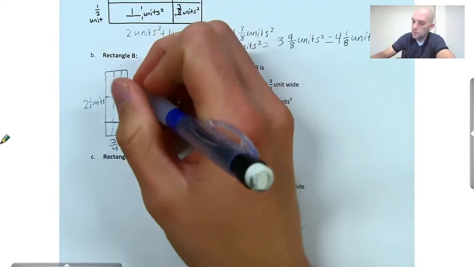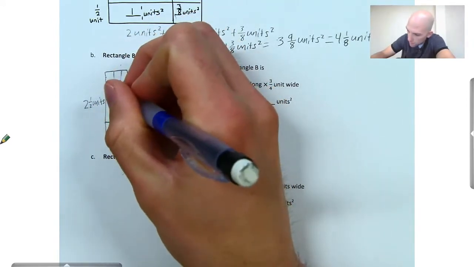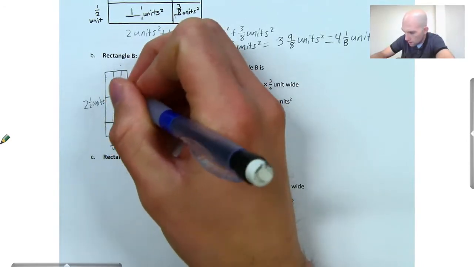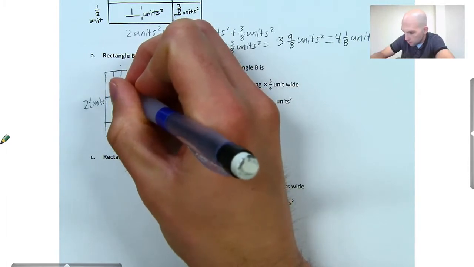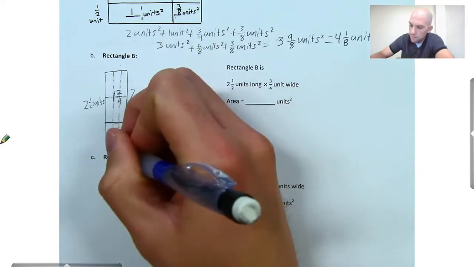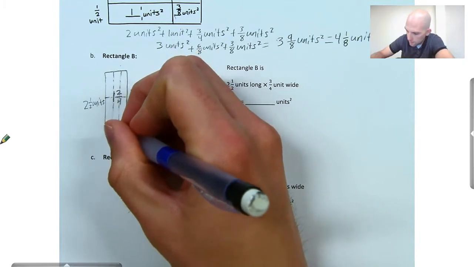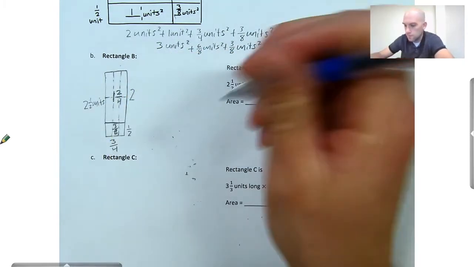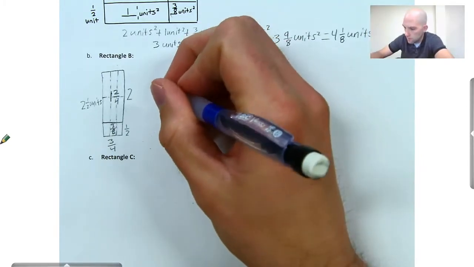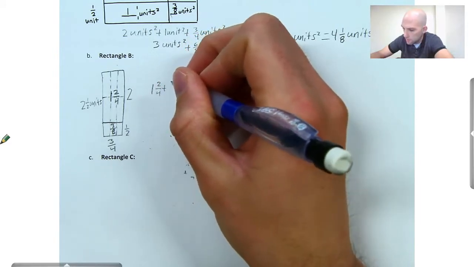2 times 3/4 will give us 6/4, which is really 1 and 2/4. And then 1/2 times 3/4 will give us 3/8. So we have 1 and 2/4 plus 3/8.